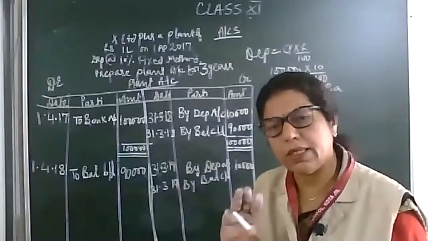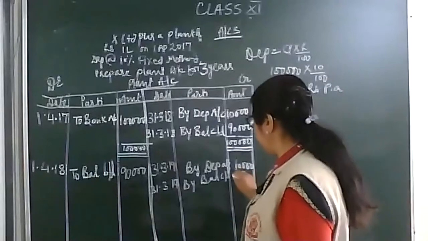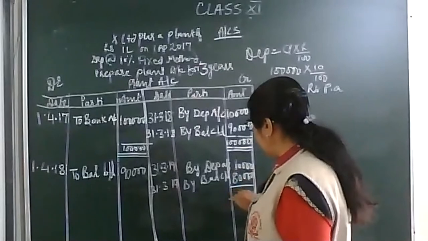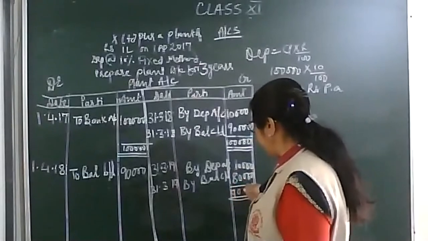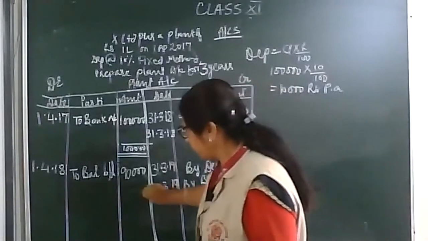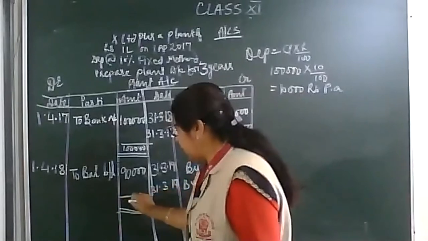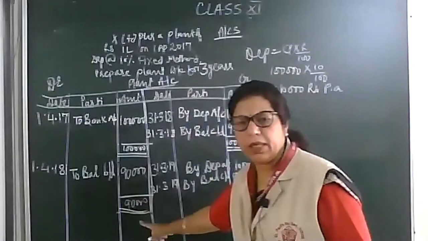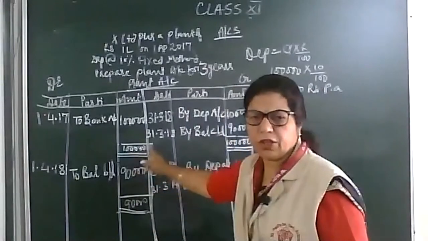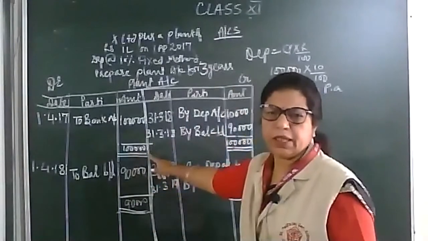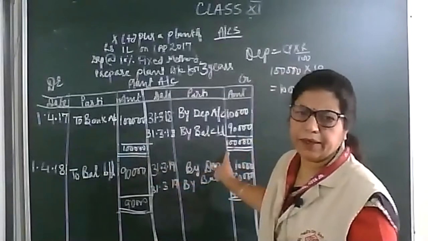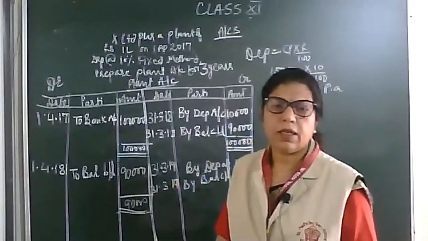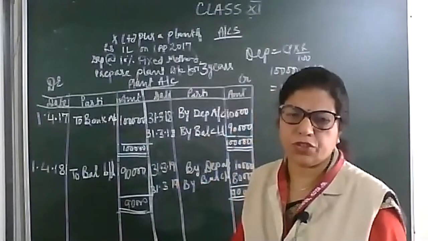Now the balance is 80,000. Total again, and the total should be below the line, double line in front of each other, the year ends with the double line. Now the new year will start.